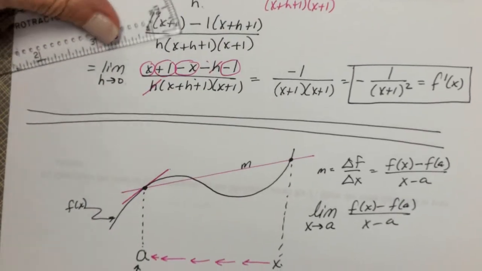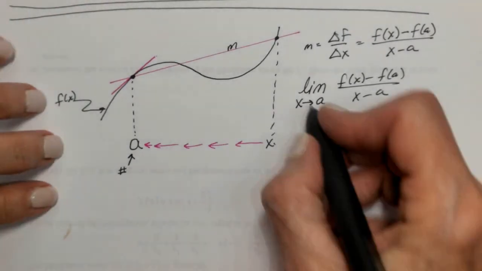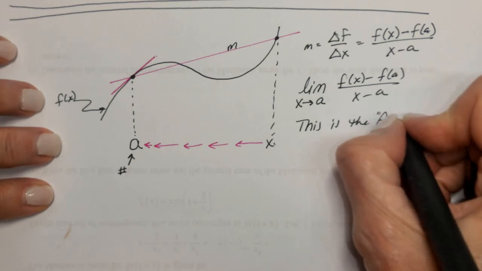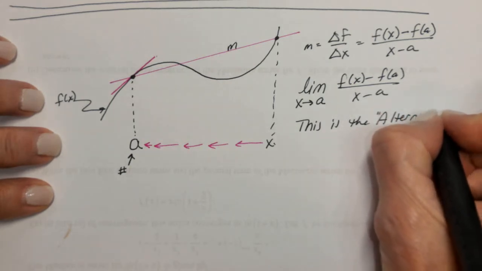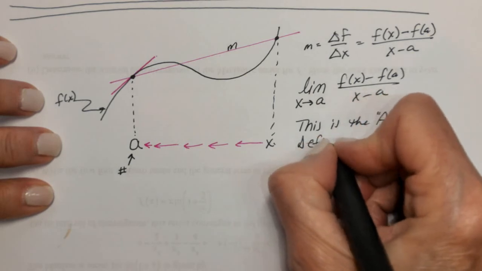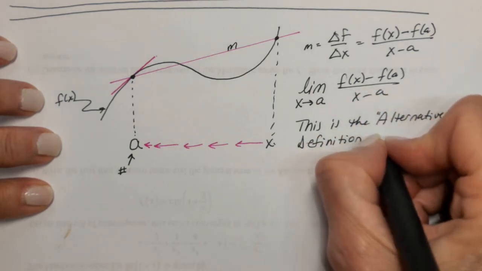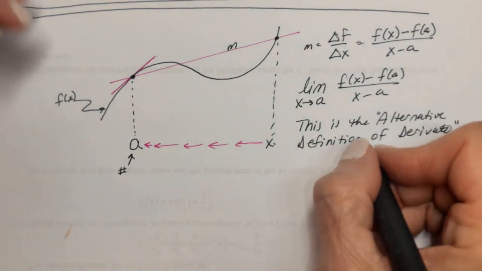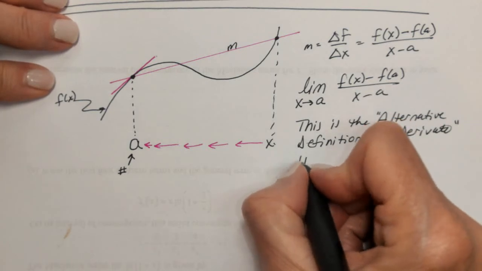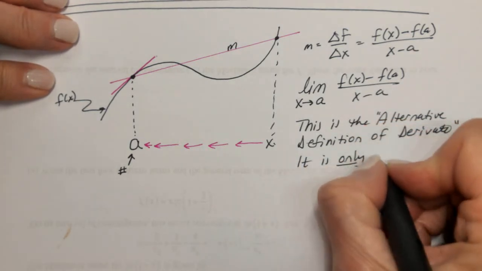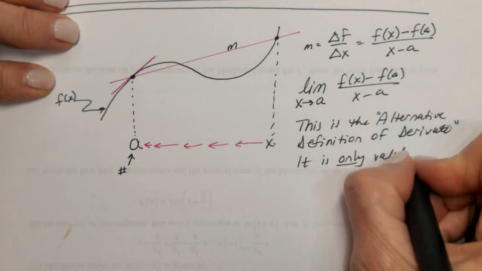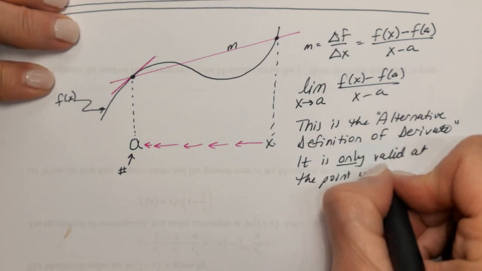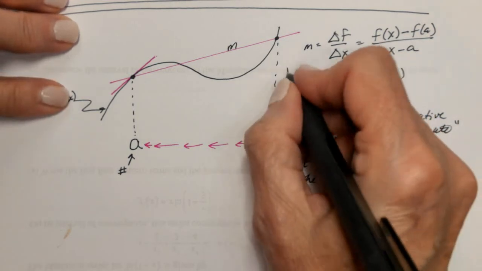Let me write that down. Okay, this is what we call the alternative definition of derivative. It is only valid at the point where x is equal to a.